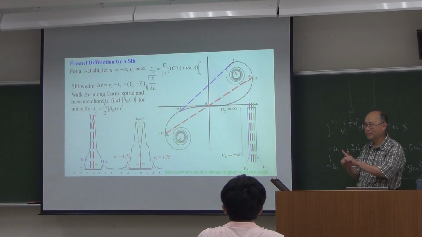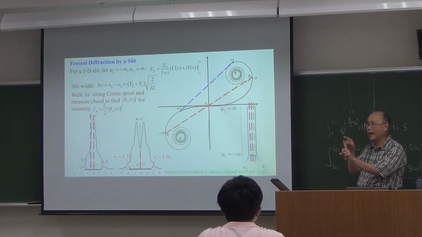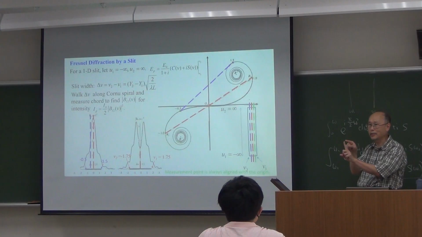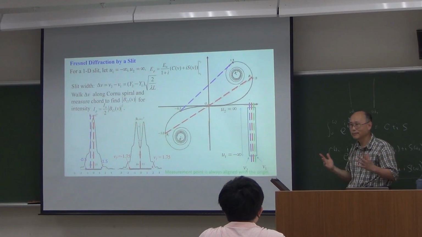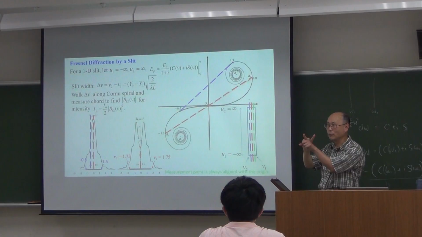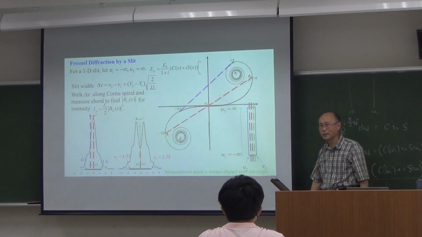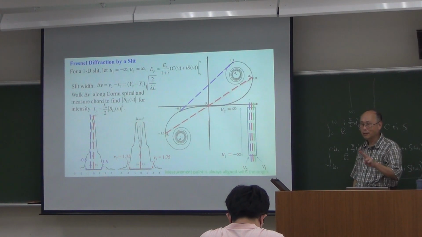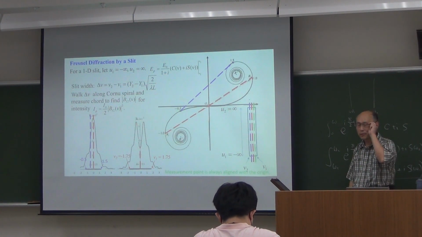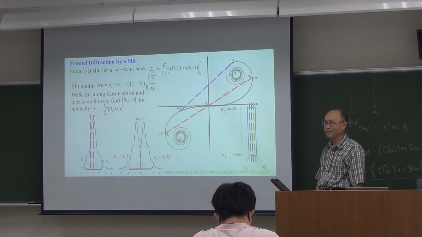Number one step, define your origin to be right at the location you want to see the intensity. And then based on the new origin, figure out V1, V2. Then construct the vector on this Cornu spiral and do a vector subtraction to take the length. Then you get the intensity. So these are the two steps you can practice and then figure out the solutions.